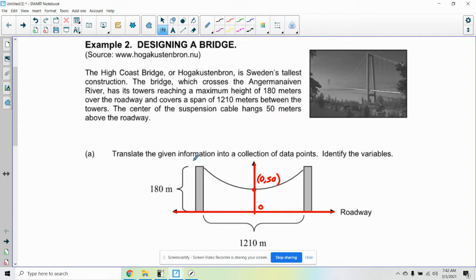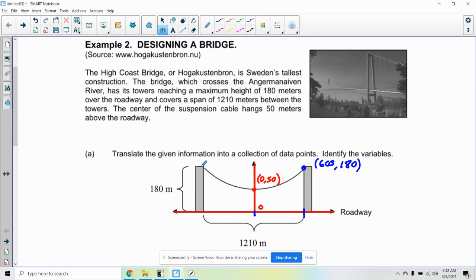And it says here that it has towers reaching a maximum height of 180 meters over the roadway, which spans 1,210 meters between the towers. So this is 1,210 meters. So if this is the middle, this axis here is going to be 605, half. So this point, the top of this tower, is going to be 605, 180 meters.